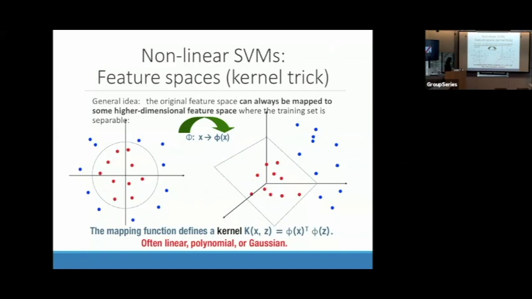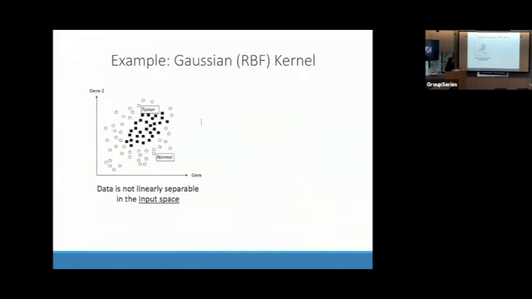In particular, the mapping function defines a kernel that, given a training example and a new example, defines this mapping, which happens in the new space. Typical kernel functions that are chosen can be linear, polynomial, or Gaussian. This is an example of data not being separable in the input space.